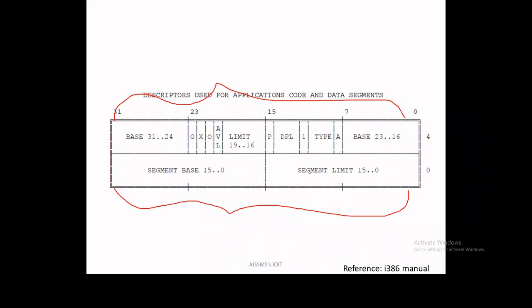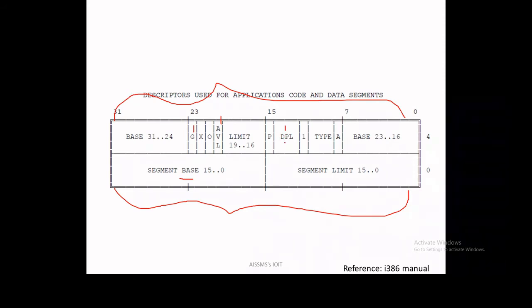If you see here, it shows some fields, that is the segment limit, then the segment base. There are some bits which give the status of the segment. The G bit, that is the granularity bit, the AVL bit, available for the processor only. Then the DPL bit, the privilege level bits.